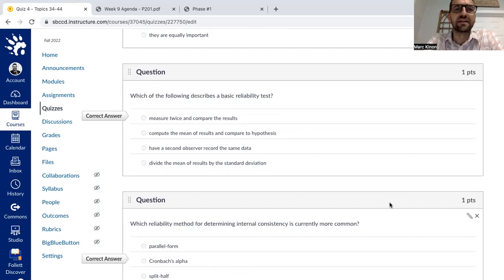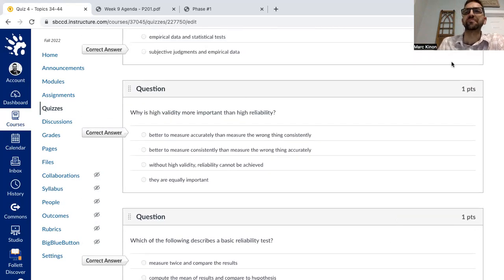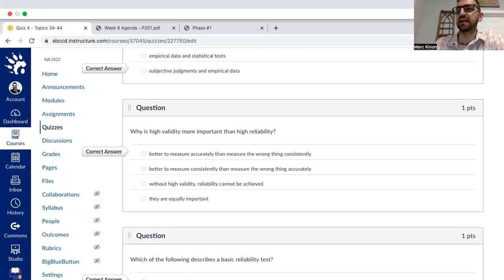Which of the following describes a basic reliability test? Let me go back to this real quick. The classic example, and I think it's in the textbook, is weight. High validity and high reliability would be you get on the scale and it says 200, for example.